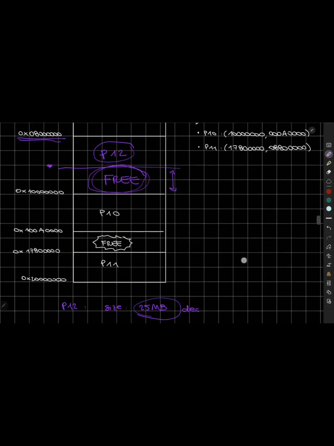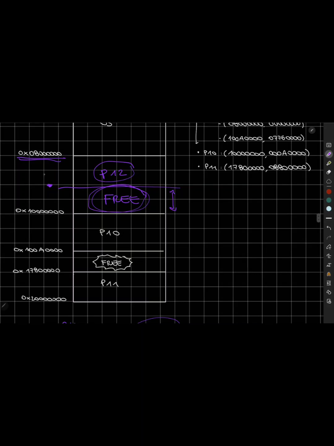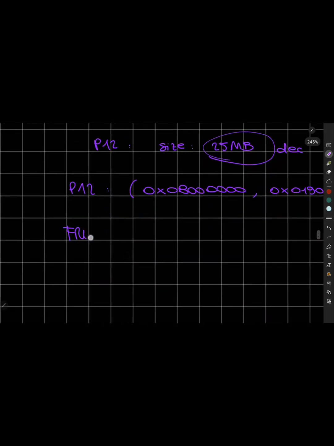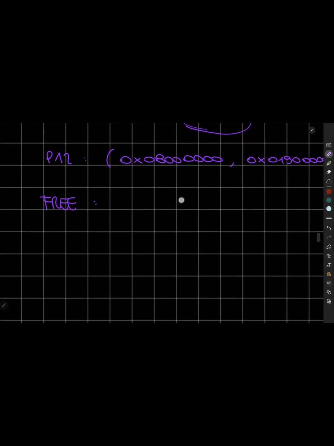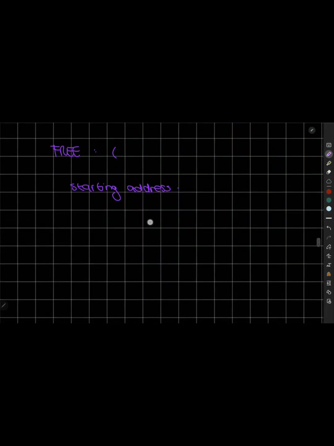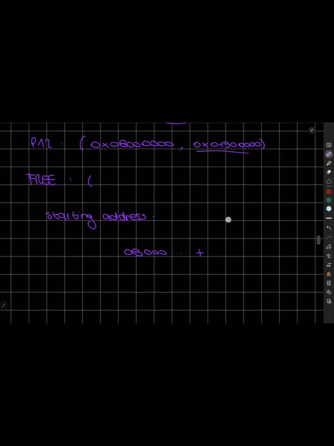Okay, so to calculate the starting address, I am adding to this address here the size of P12. So for our free block, I'm calculating the starting address. I say it by adding to this number here the size of P12.